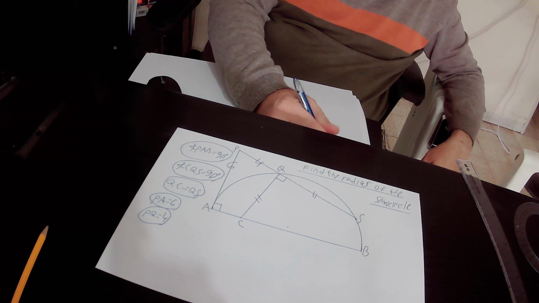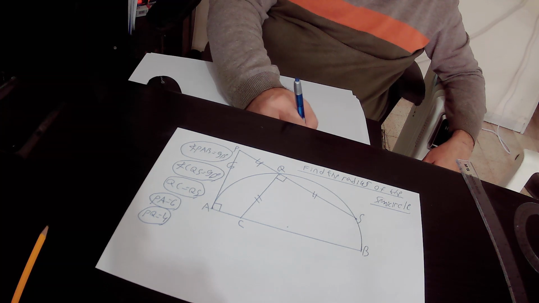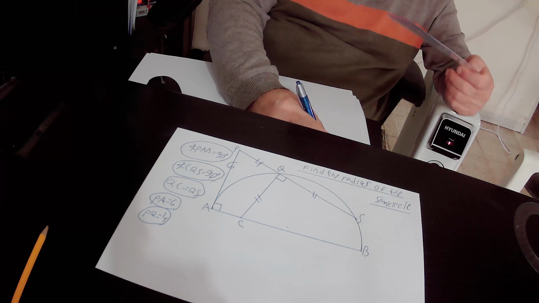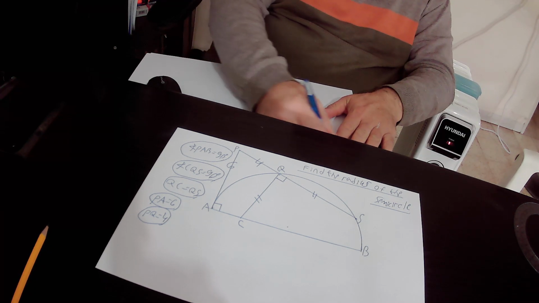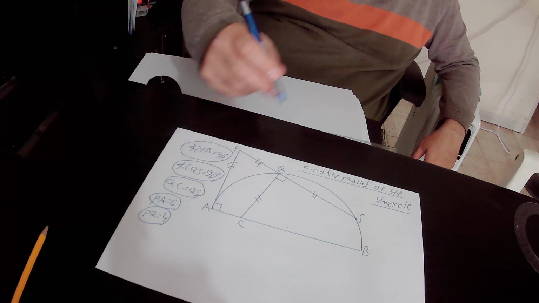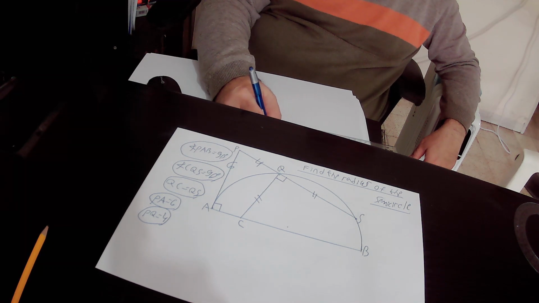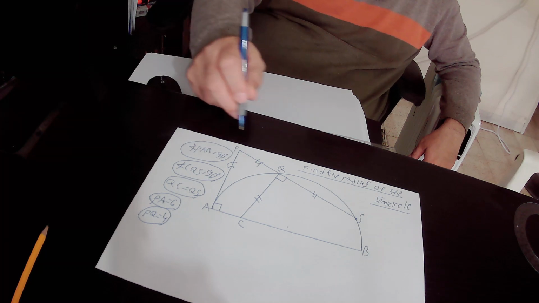So if we focus at point P, according to rule number 10, we'll get that PA squared equals PQ times PS.